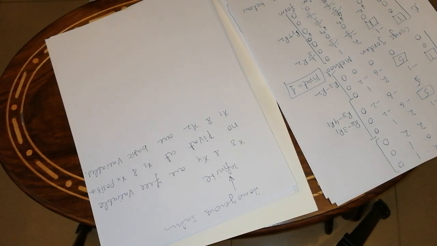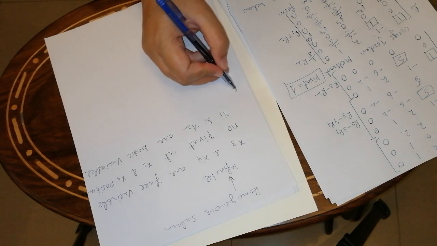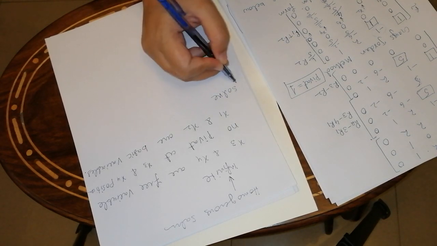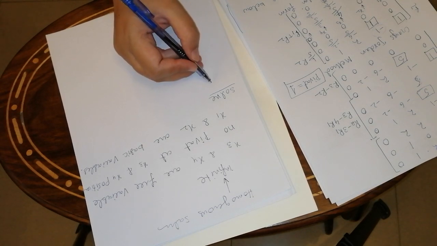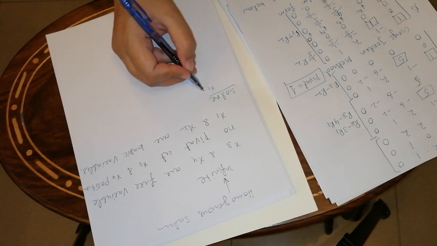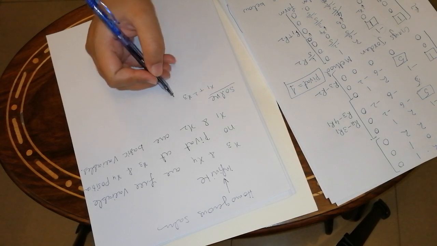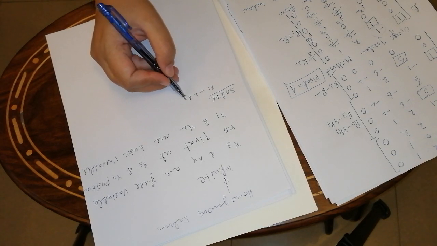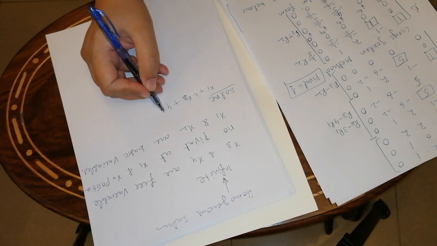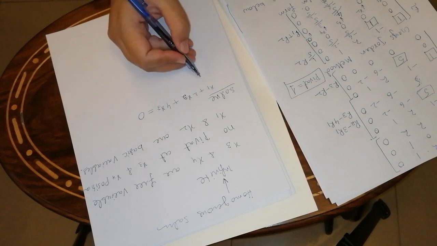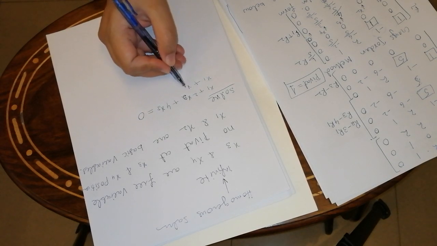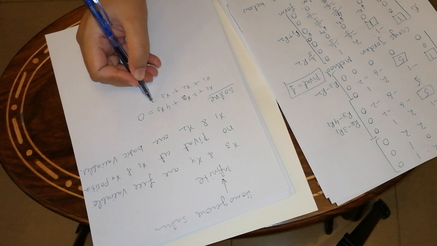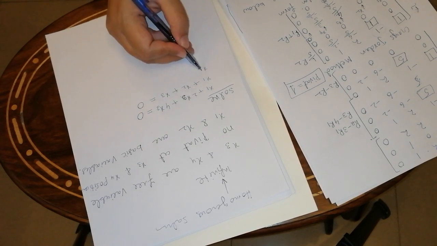I am giving you an exercise. Solve this system: x1 plus 2x2 plus 4x3 equal to 0, x1 plus x2 plus x3 equal to 0.